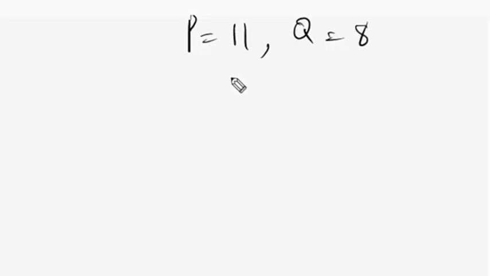So if the atomic number of P is 11, it means that it will have a valence of +1. So guys, if the atomic number of Q is 8, it means it will have a valence of -2.